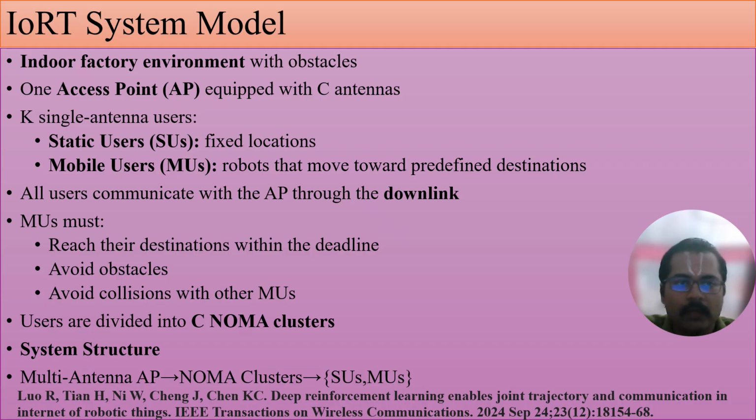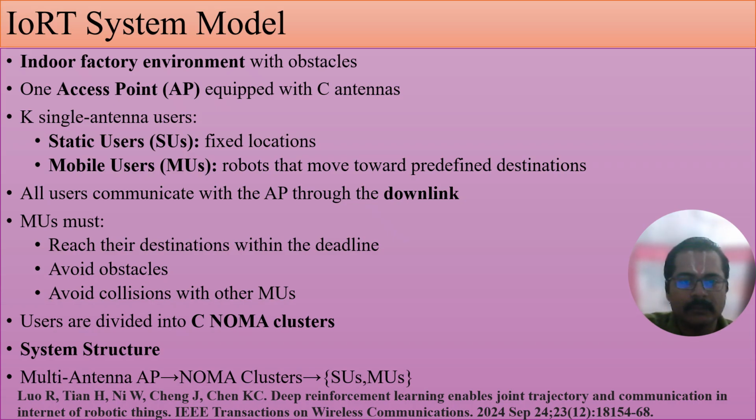IoRT system model. In this article, there is an indoor factory environment with obstacles and one access point equipped with C-band antennas, and the users are static and mobile users. Static users are sensors. All users communicate with the access point through the downlink.